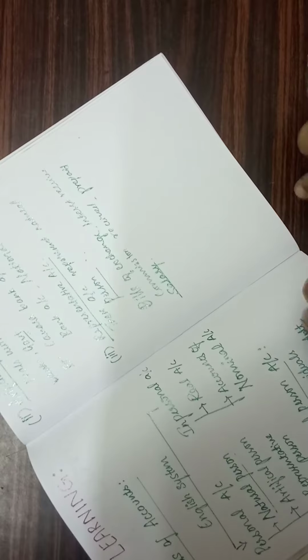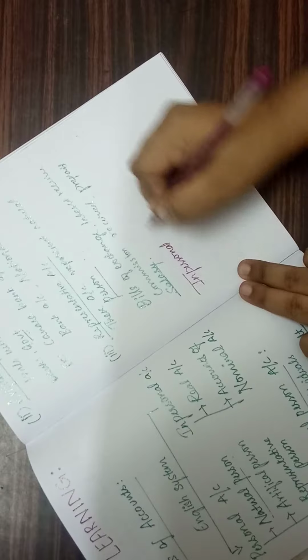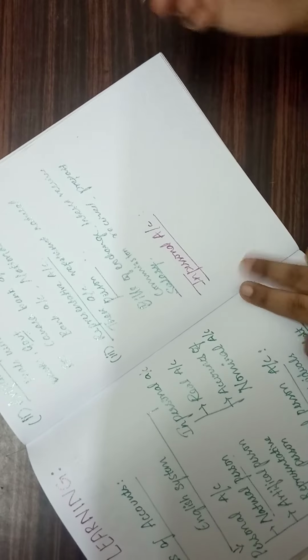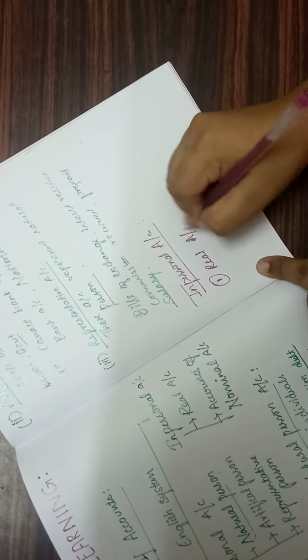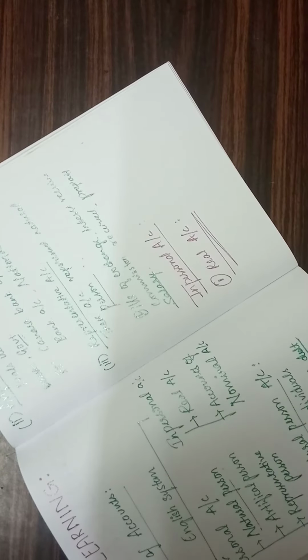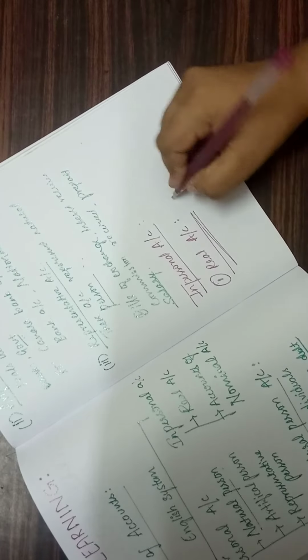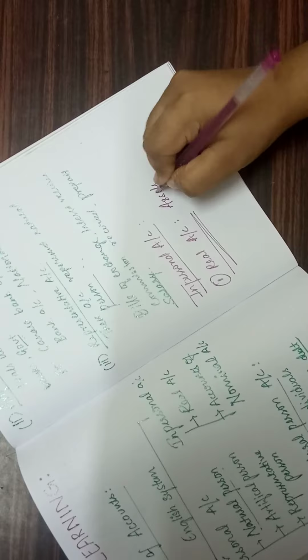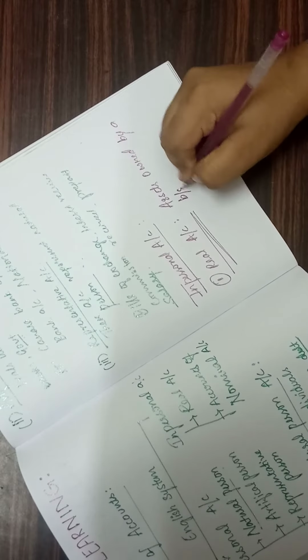Okay, now let's learn about impersonal account. Under this we have two types. Let us study about real account. In real account, it means that these accounts are the assets owned by a business concern.